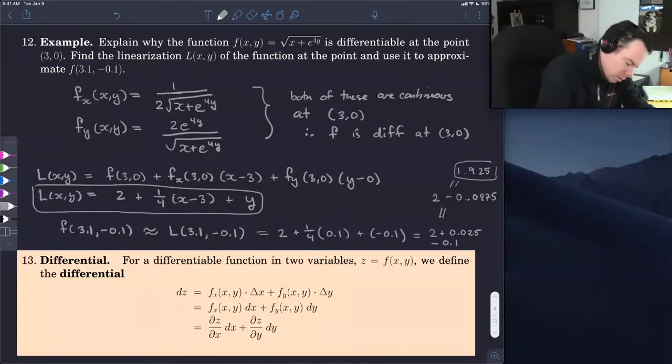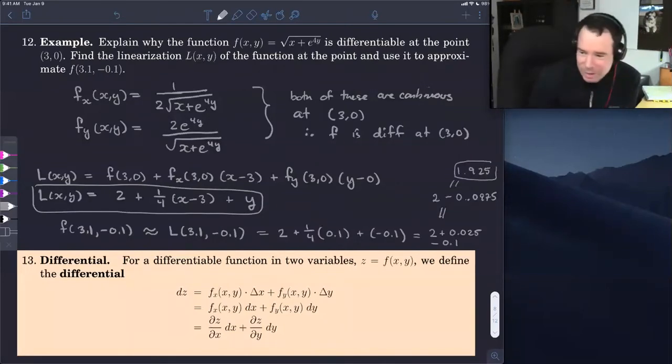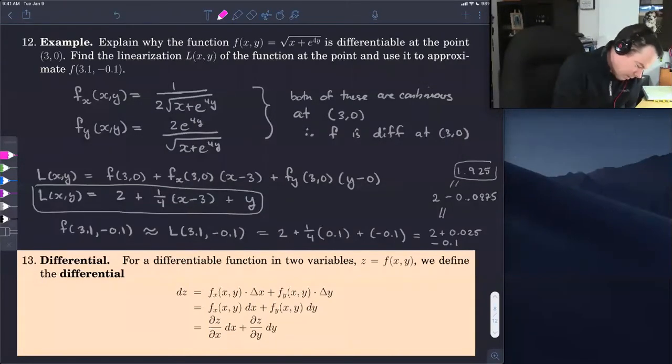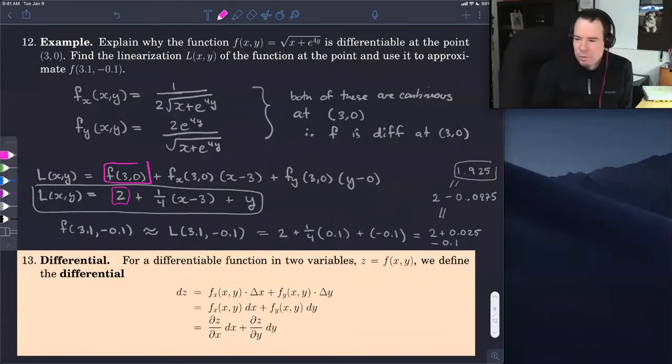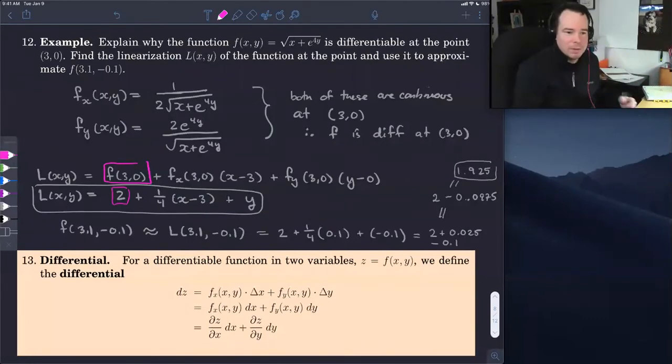Okay, so the reason that I knew I had a mistake and I just couldn't see it, and this is often the case, is that the answer we know should be close to this value. It should be close to f of 3, 0, and f of 3, 0 is 2. So we know the number should be close to 2. And so my answer of 1.025, which I first had, that's far away from 2.